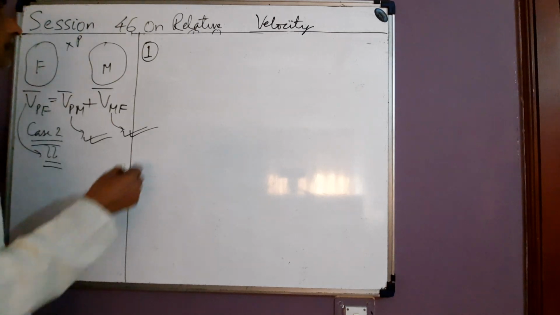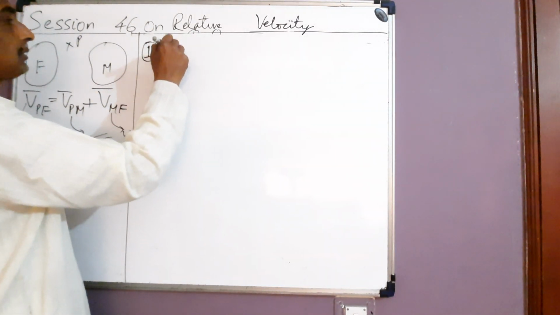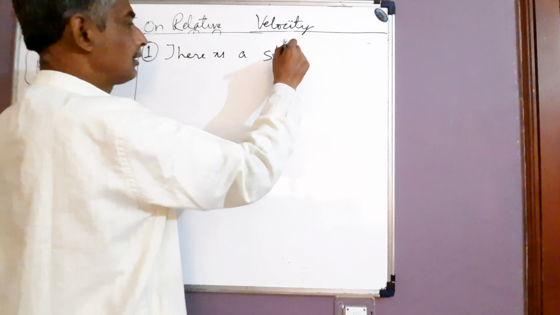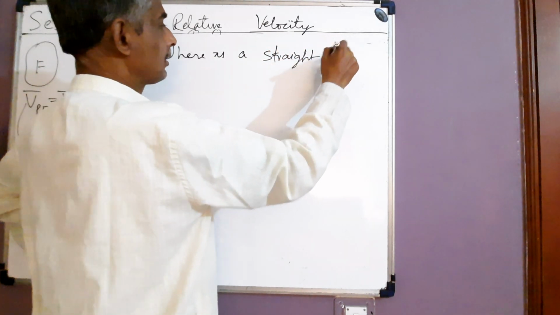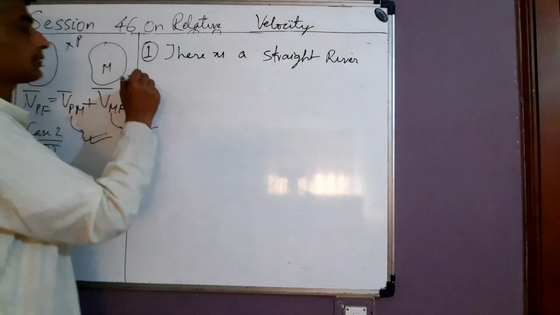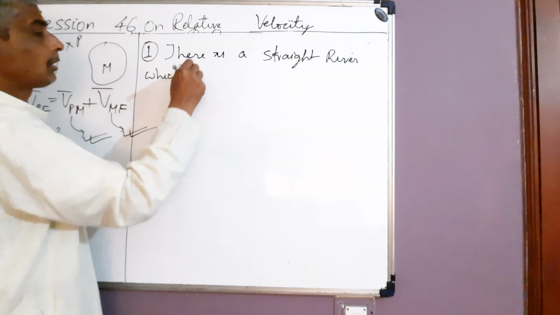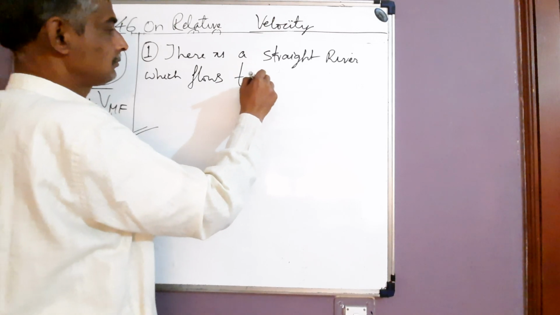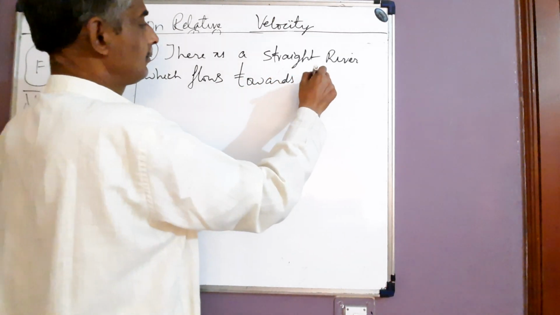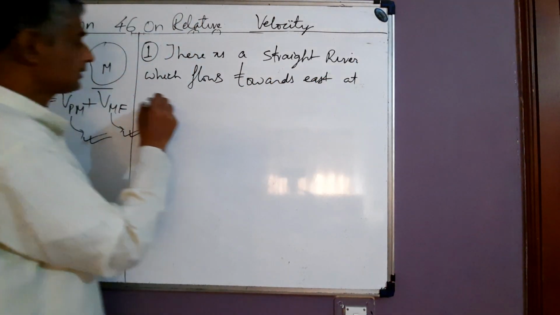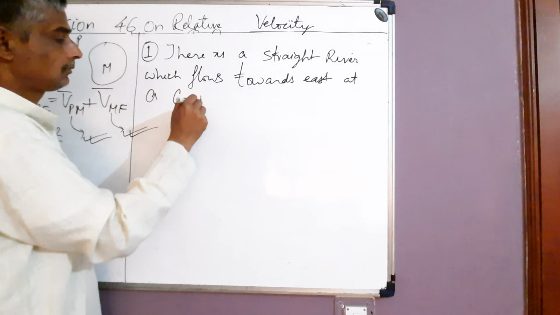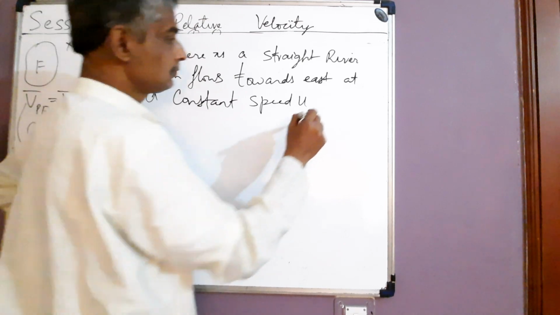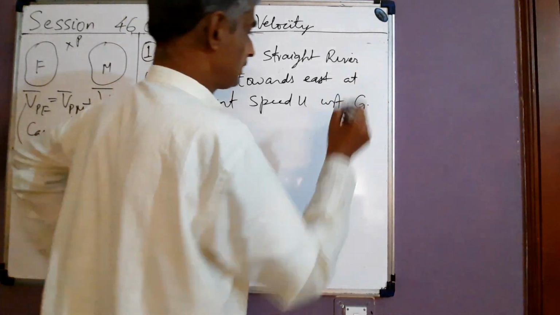There is a straight river which flows towards east at a constant speed u with respect to ground.